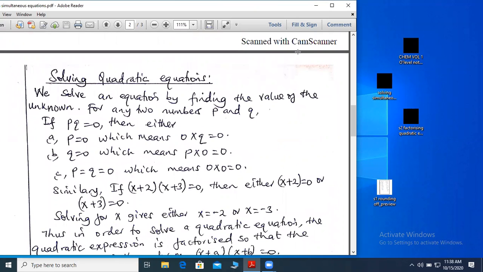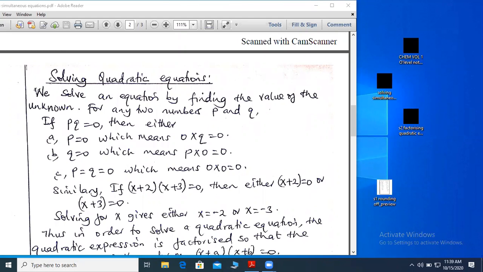So today we are continuing with factorization of quadratic equations, and today we shall learn how to solve and get the roots, or the answers, or the values of x after factorizing the equation.